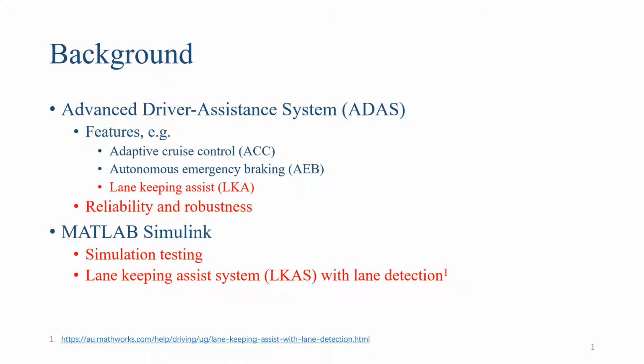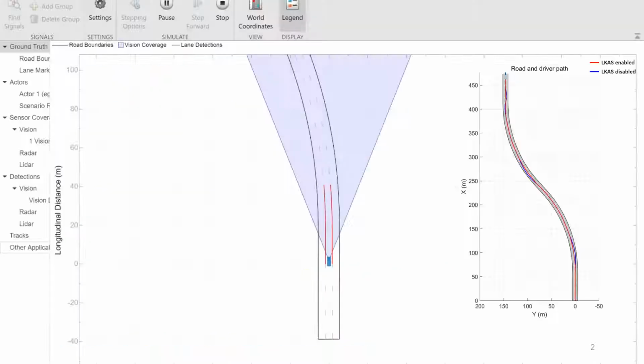We choose the Simulink platform of MATLAB to conduct simulation testing, as we consider this is the most convenient way to develop our test approach. And the system under test is called LKAS with lane detection, which is an example LKAS by the MATLAB team. I will use this short video to show how the LKAS works on the Simulink platform.